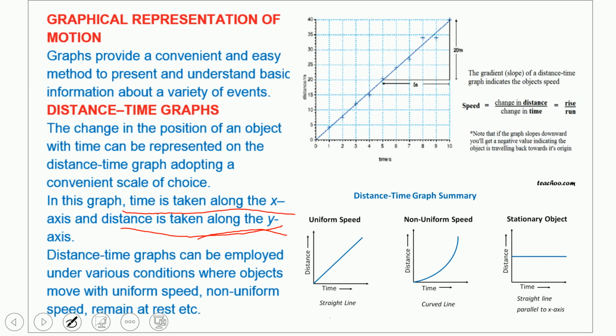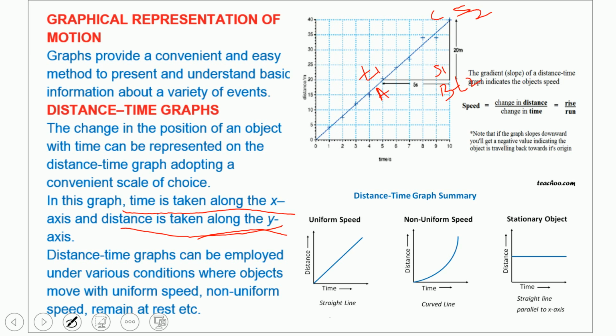Now suppose I mark this as T1, this as T2, this point as S2 and this as S1. Now we can name the points A, B and C.